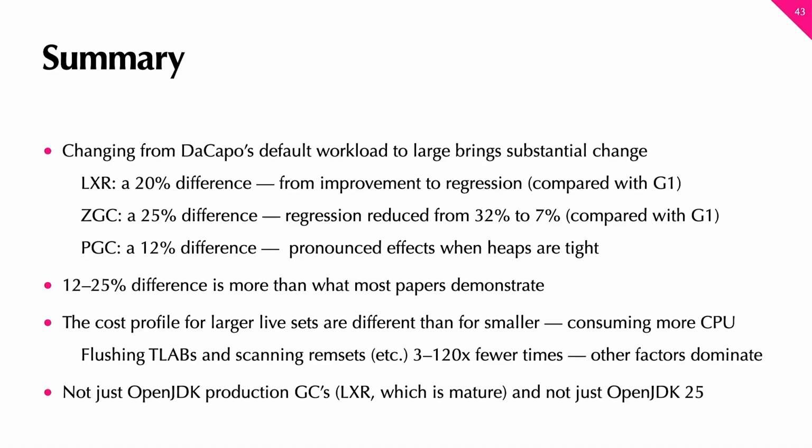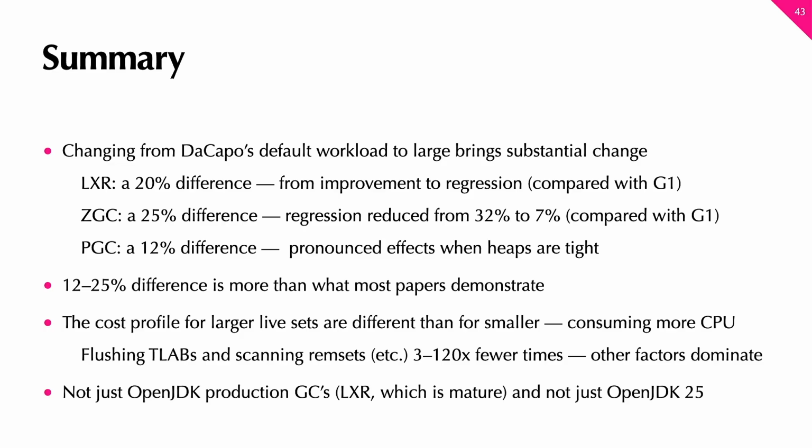And this is more than what most papers demonstrate when we make improvements to our GC algorithms, right? And this is, of course, because the cost profile for these larger live sets is fundamentally different.